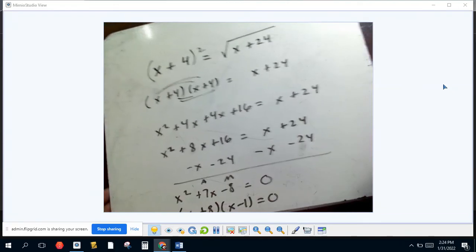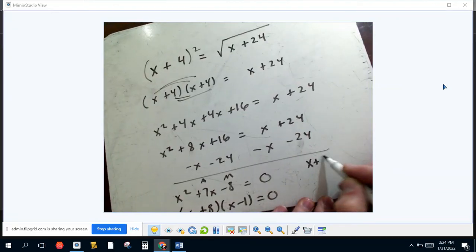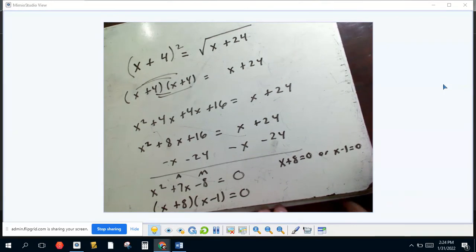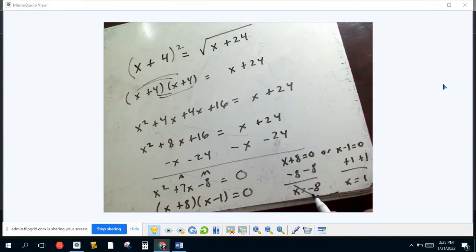Now from here, we can set each one equal to 0 and solve. Now our problem here is we're going to have to reject one of these answers. We're going to have to reject the negative 8.